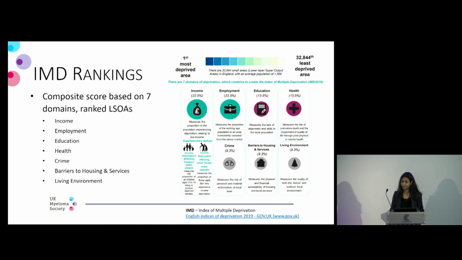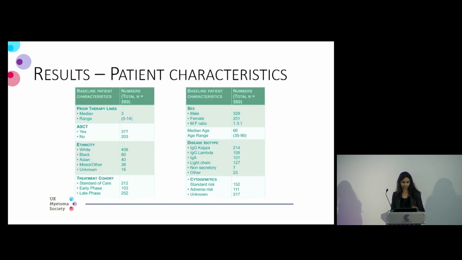In terms of ranking, 1 is the most deprived area and 32,844 is the least deprived. Initially the data was in deciles, but we transformed it into quintiles so that it could be more easily compared to the NCRAS data, which was in quintiles.